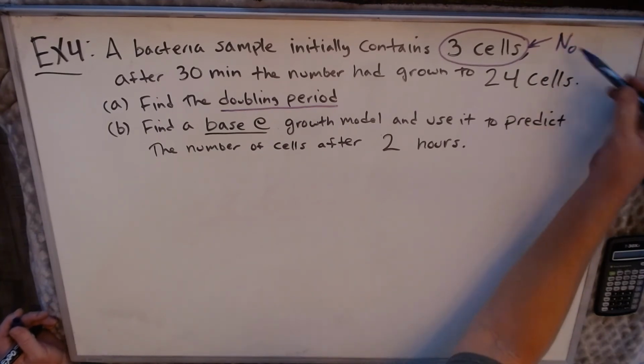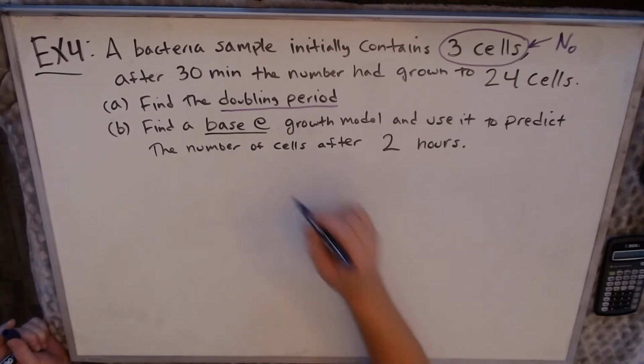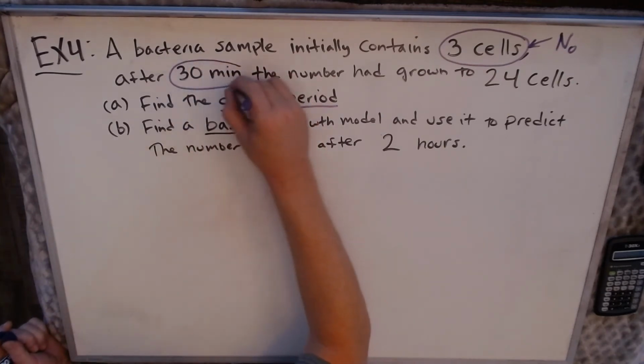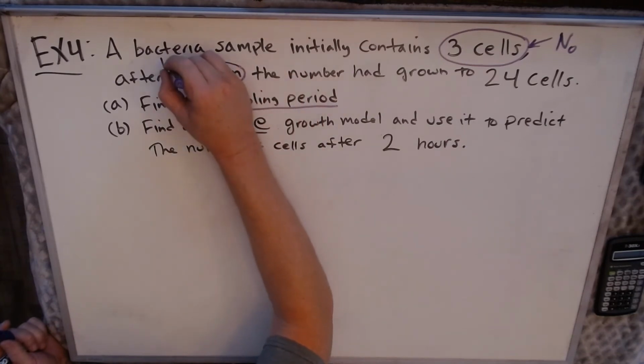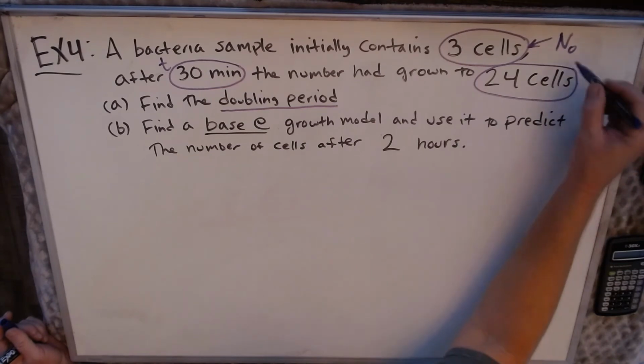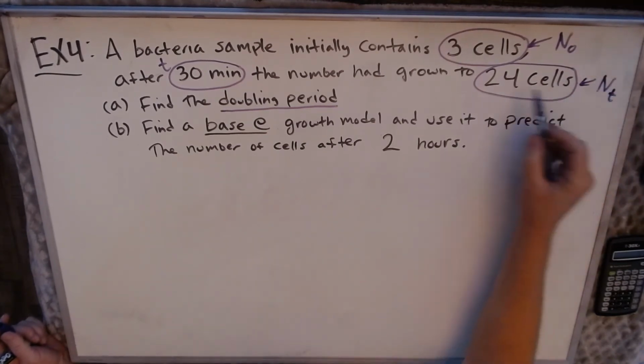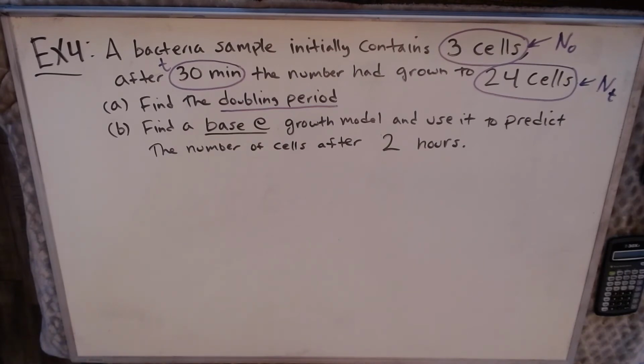That's the initial number, n sub 0, the number at time 0. After 30 minutes, so that's our t, 30 minutes, the number of cells, n of t, at time t came out to 24 cells where t is equal to 30.